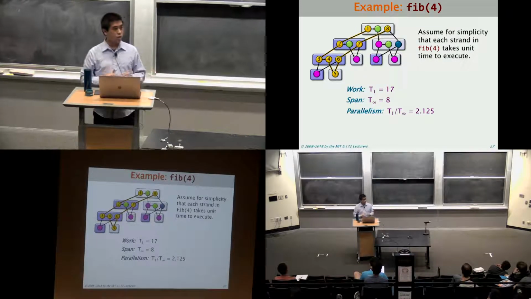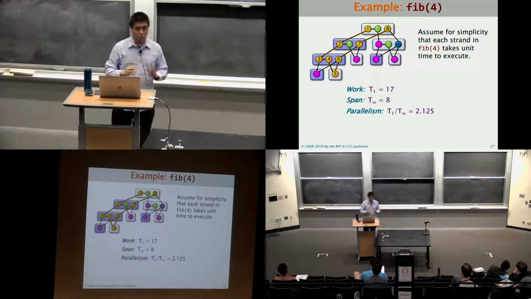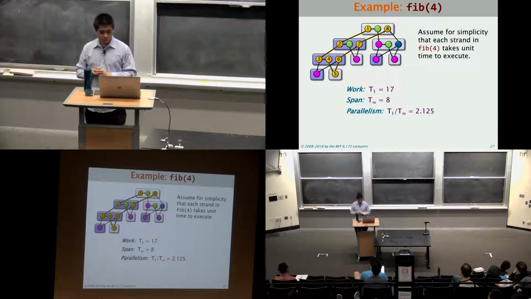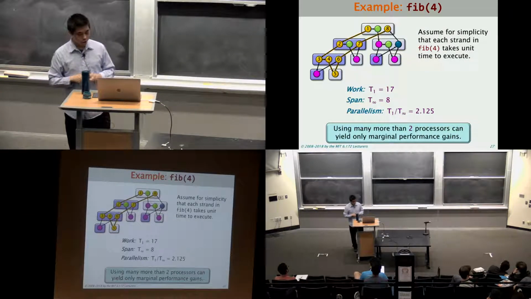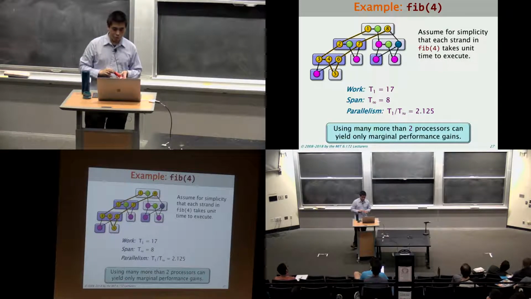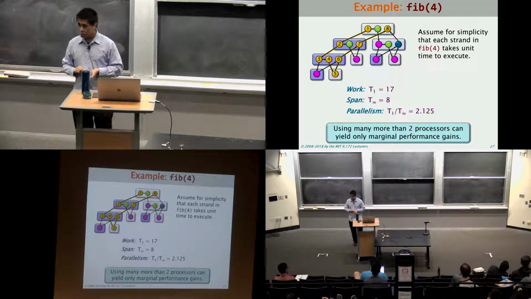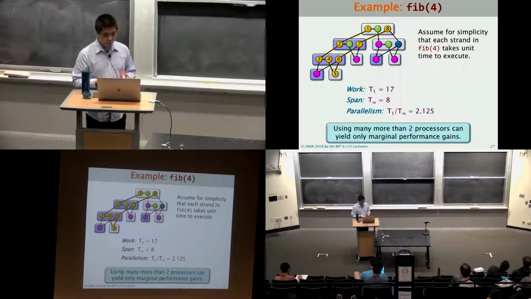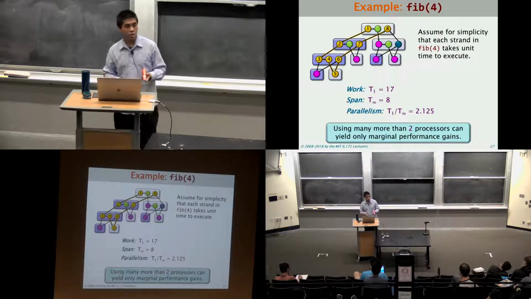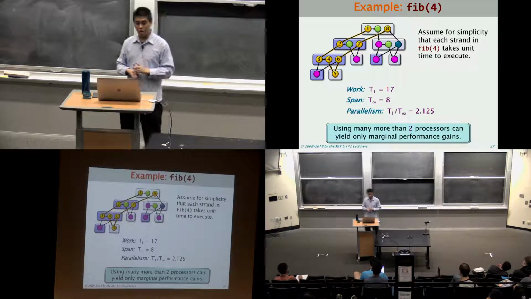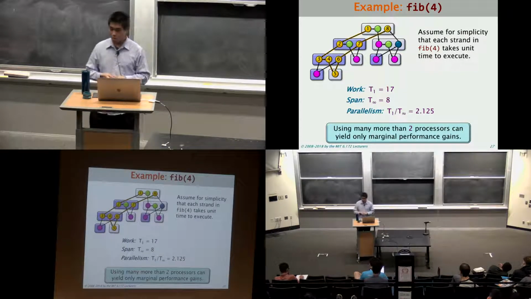And so for all of you who guessed that the parallelism was 2, you're very close. This tells us that using many more than 2 processors can only yield us marginal performance gains, because the maximum speedup we can get is 2.125. So if we throw 8 processors at this computation, we're not going to get a speedup beyond 2.125.